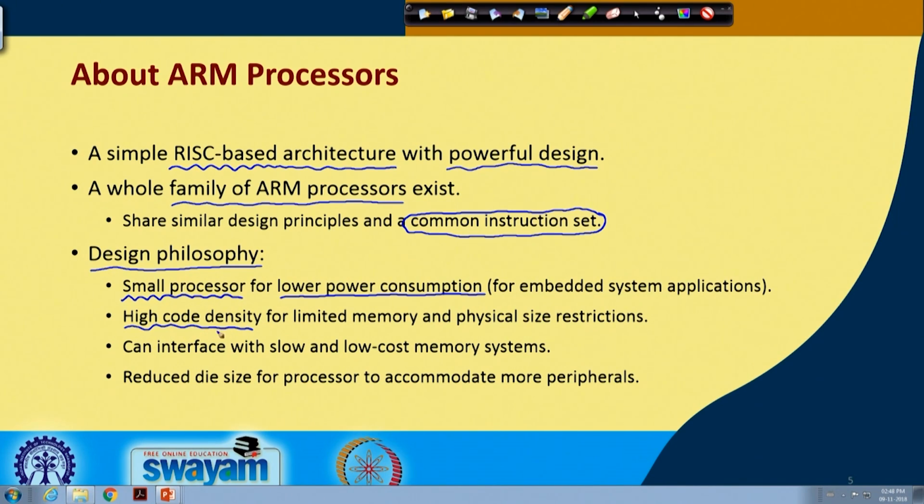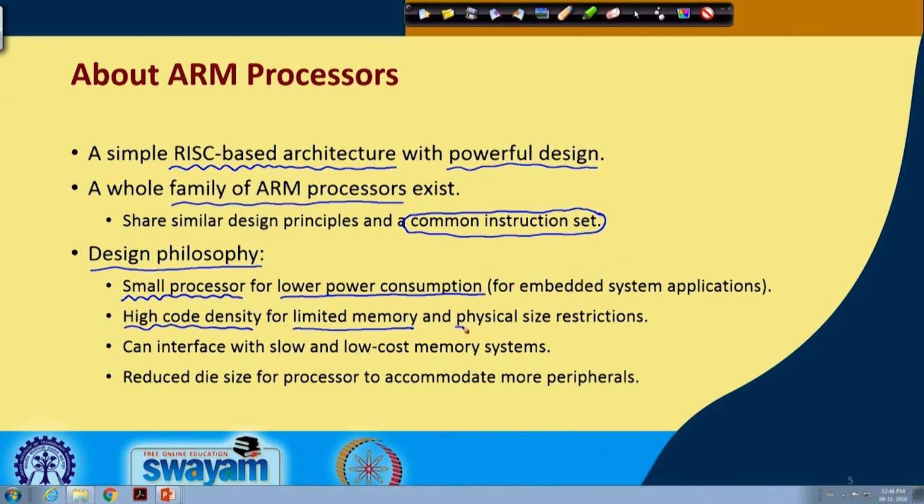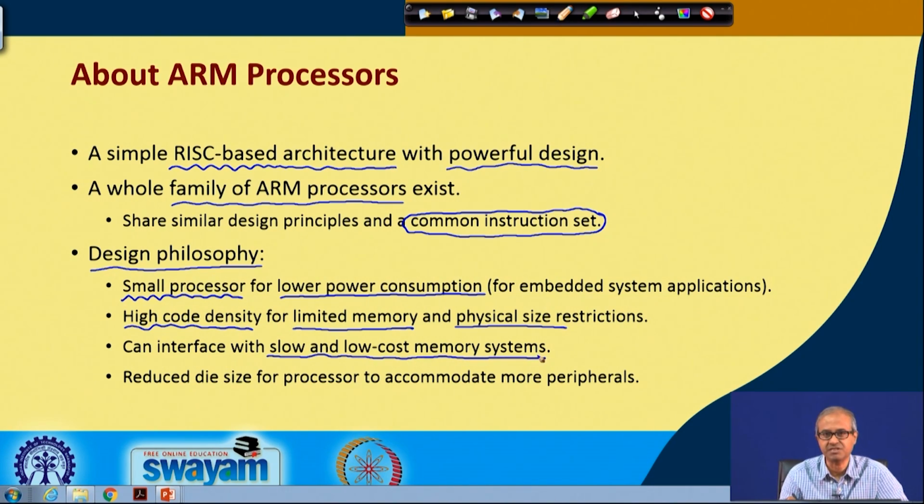There are some instruction features we shall be talking about, which allows us to reduce the number of instructions required. So, this can take advantage of limited memory and physical size restrictions. And of course, here there is lot of flexibility in the interface. We can interface with a wide variety of memory systems, very slow or also relatively fast memory systems. It can all be interfaced with depending on the scenario.